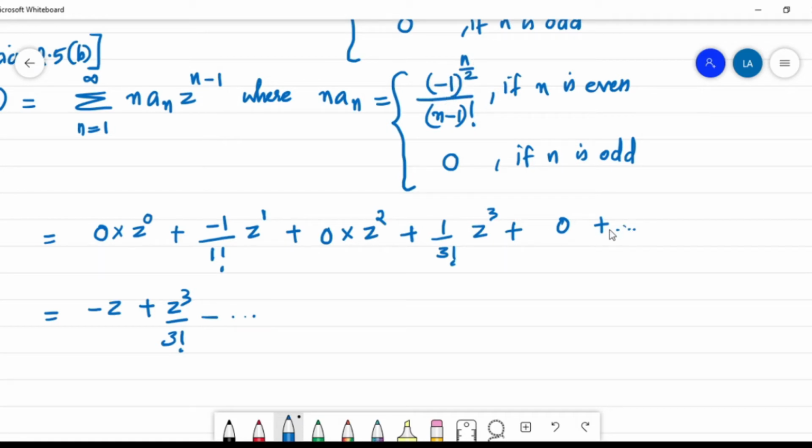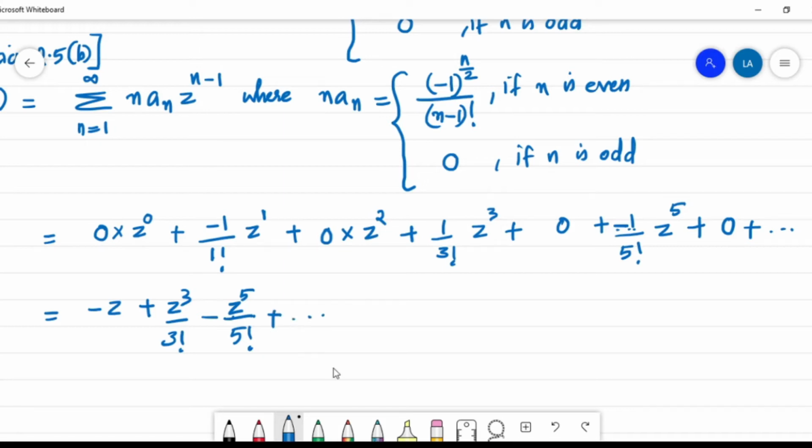So here you will have minus 1 divided by 6 minus 1 factorial, which is 5 factorial, into z raised to 6 minus 1, that will be 5. That will be 6 into a6, then 7 into a7 will be 0, plus etc. So if you have one more term, you will understand it better. So here you will have z raised to 5 divided by 5 factorial plus etc.